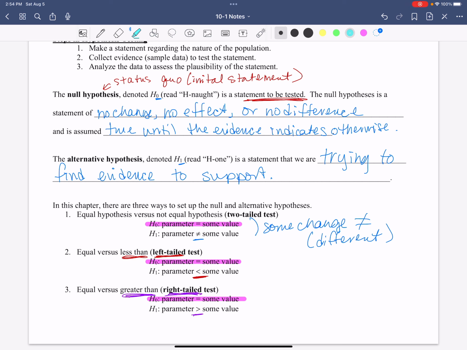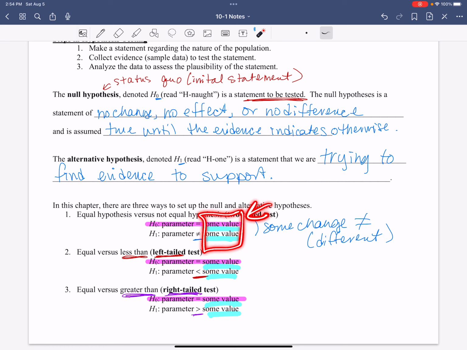All right? Something else I want to point out. This is a value and this is a value that is the same value. These are always the same. The only thing that changes is your symbol. These numbers are exactly the same every single time.